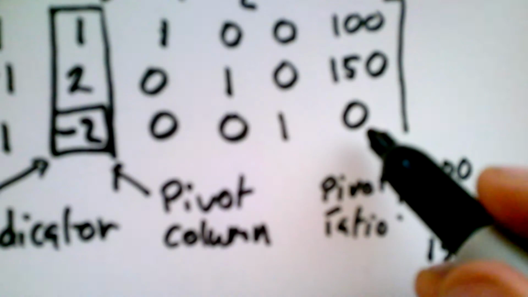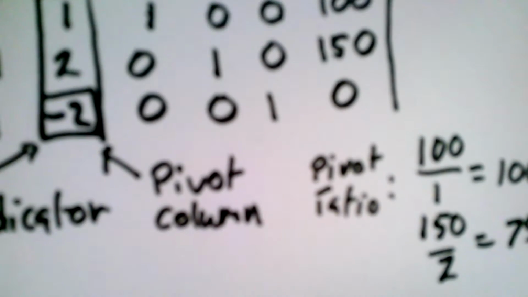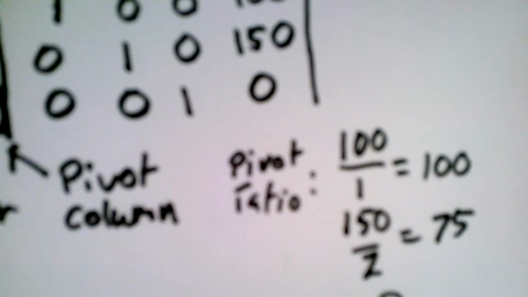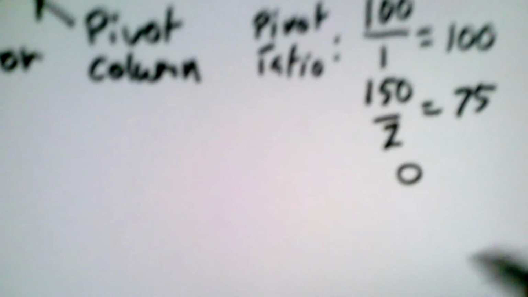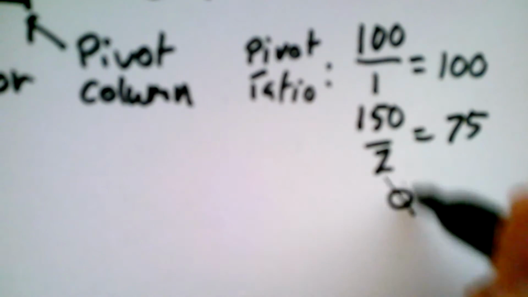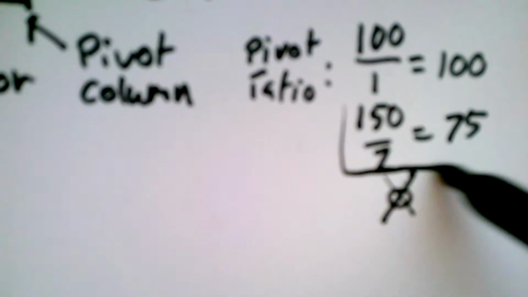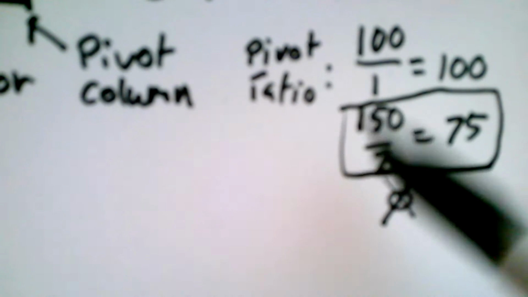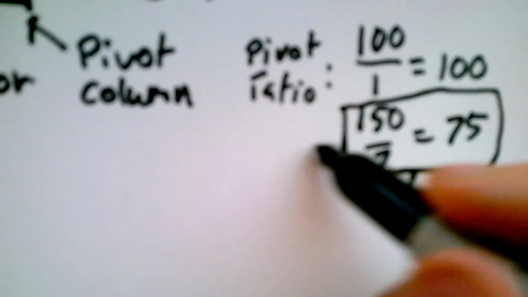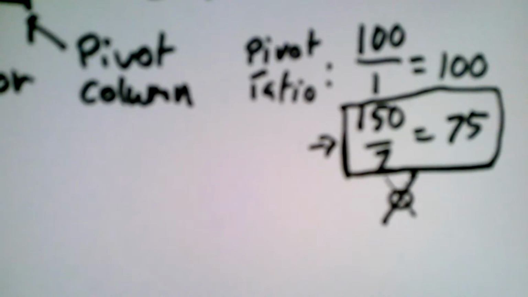So this is 0 divided by -2, which is 0. 0 is not positive, so it does not count. Throw that out. 75, therefore, is our pivot ratio, or the smallest positive pivot ratio.